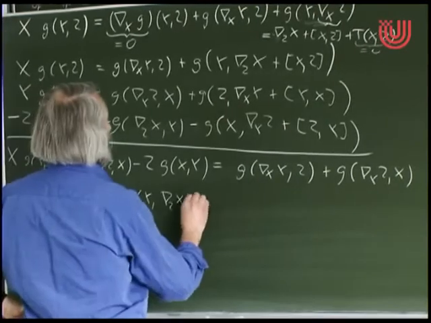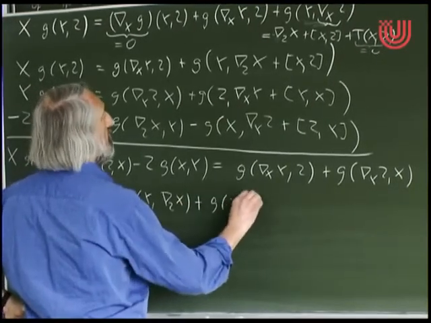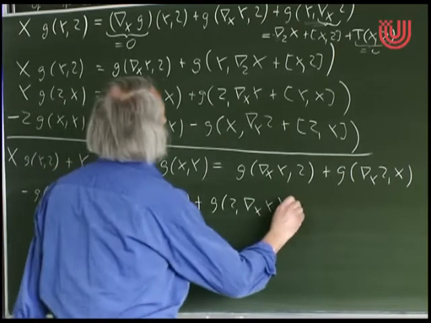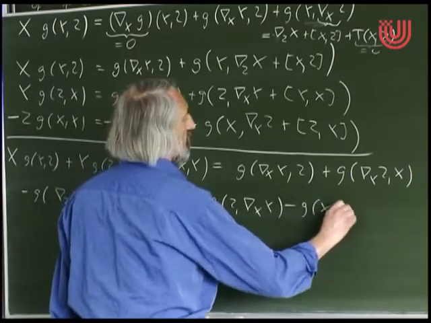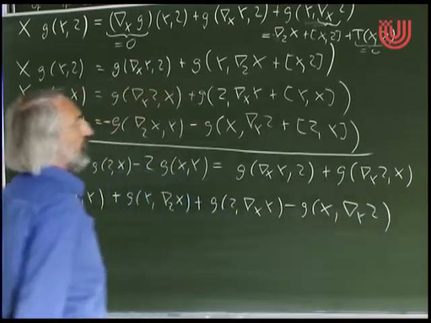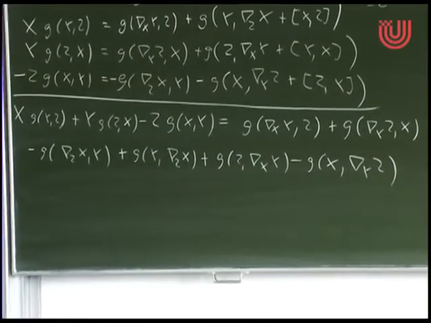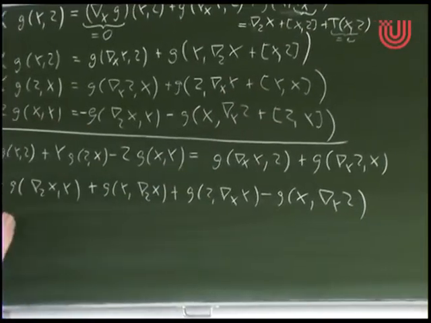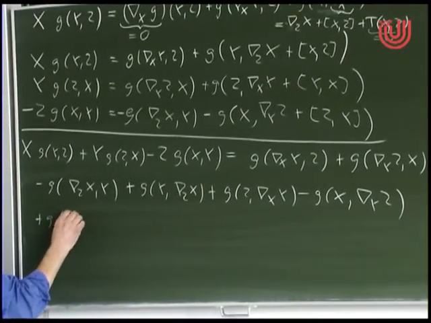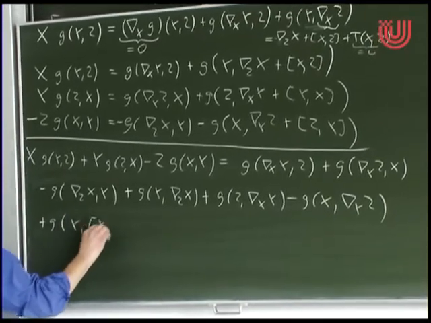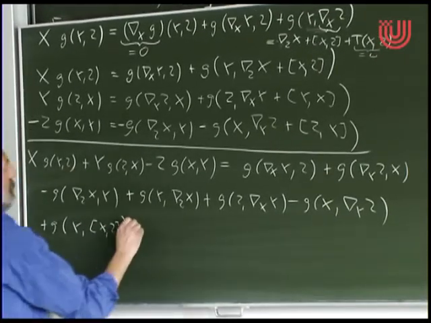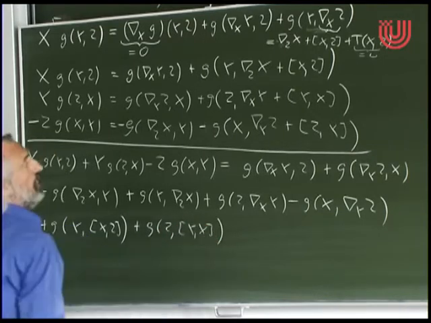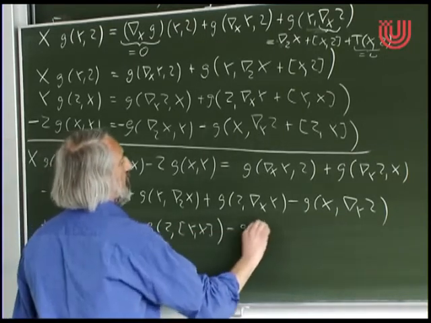I take this one next, g z del x y, and this one here, minus g x del y z. And now the three terms with the Lie bracket, plus g y of x z plus g z of y x minus g x of y z.